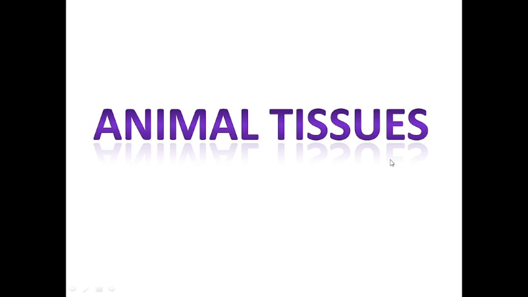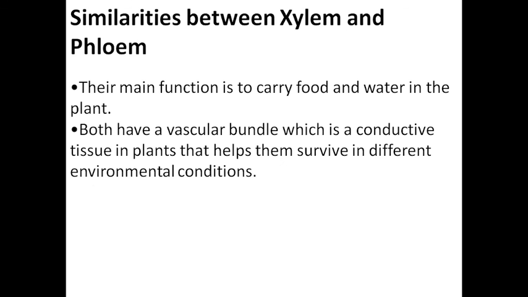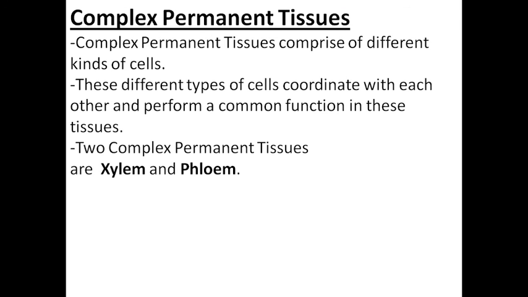Clear? In the next session, we will start the animal tissues, which are very important. Also, you have to learn these complex permanent tissues as well as the simple permanent tissues. I think in the live session we completed simple permanent tissue. It is easy to understand and easy to remember, but more than the simple permanent tissues, complex permanent tissues are the most important part.